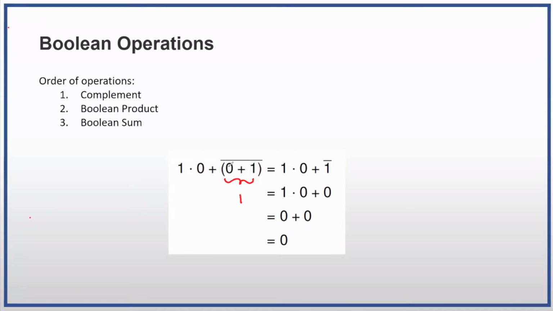So in this part, you can see 0 plus 1 is 1 and you have to get the complement. So that is done here. Then you can see how you can go to the answer. The next part is to do the product part. So 1 into 0 is 0, and 0 plus 0, the answer is 0.